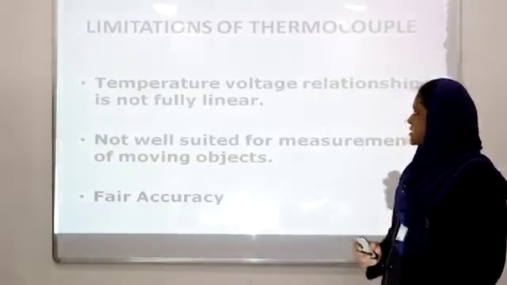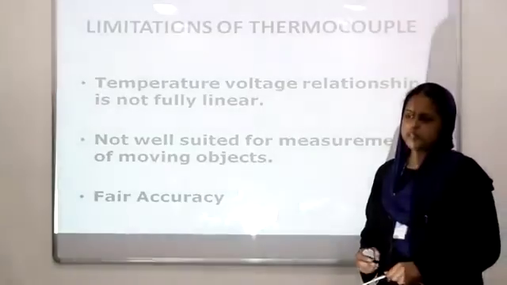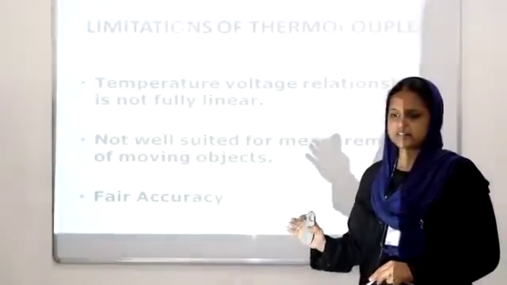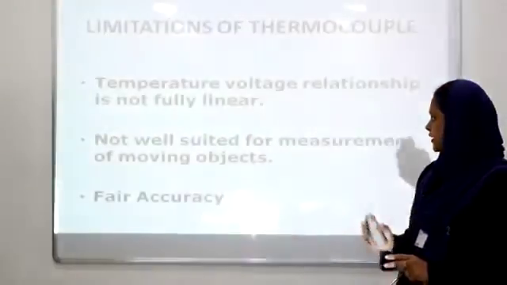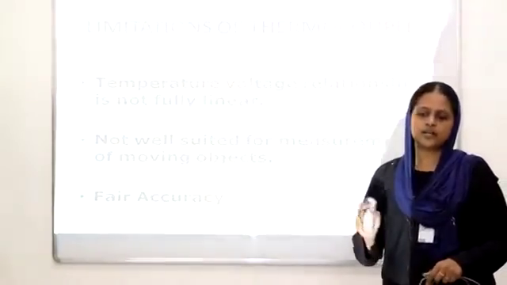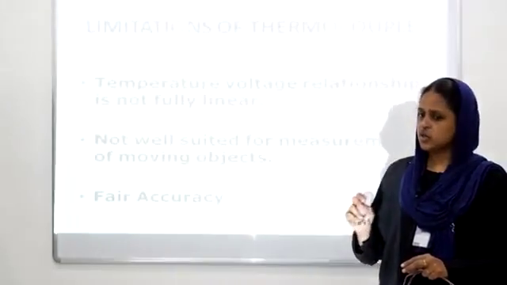It also has some limitations. The temperature-voltage relationship is not fully linear. Some types of thermocouple produce linear characteristics, but most types do not give a linear relationship, and it is not suitable for moving objects. I already told you it is only for contact type temperature measurements. This is also a limitation.